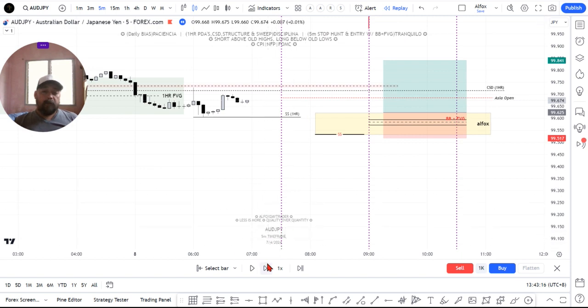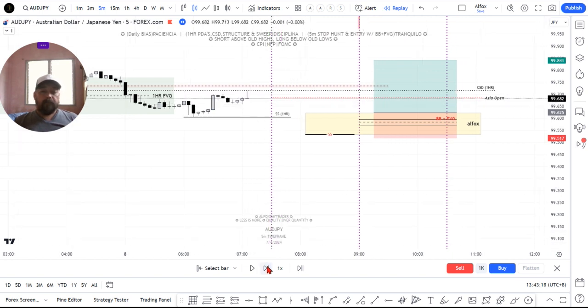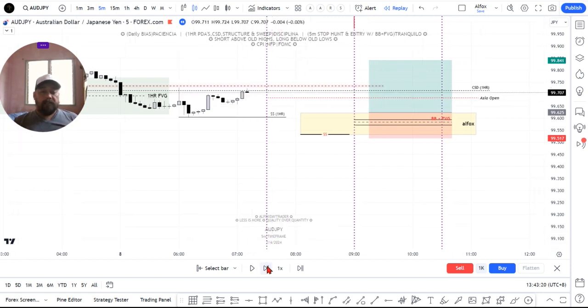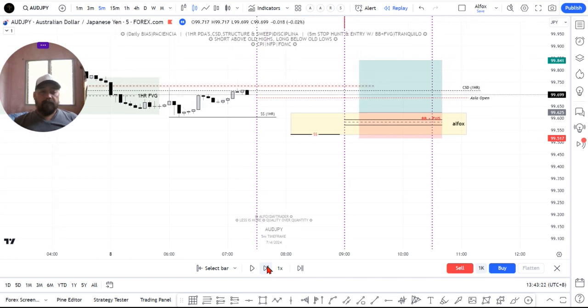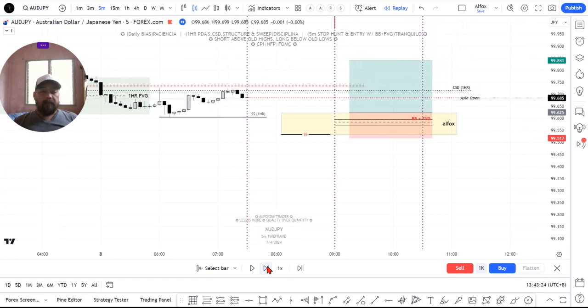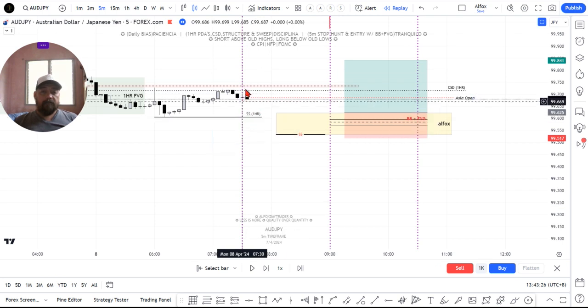Okay, now let's proceed. As you can see, price is still dancing around, so we are waiting for our time. Now that we are inside our zone, I mark my Asia Open because this is very important.